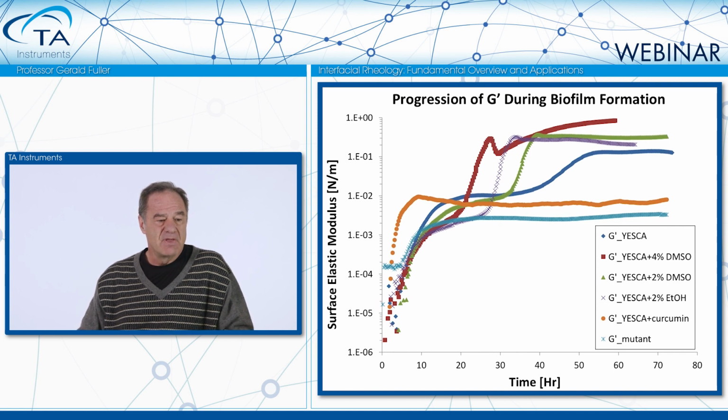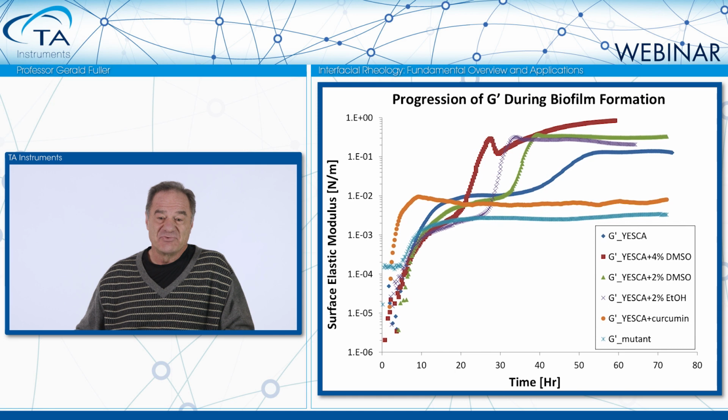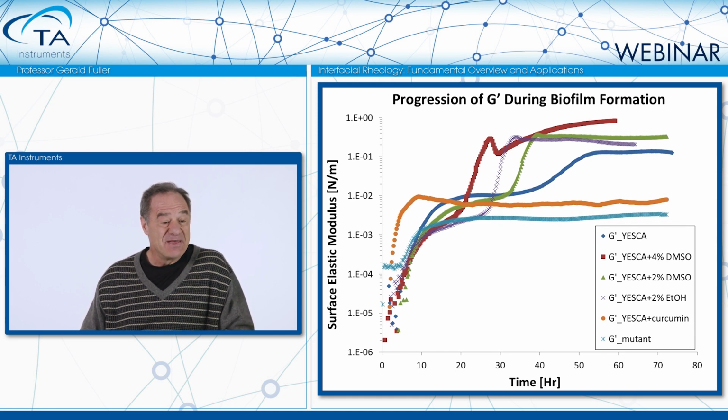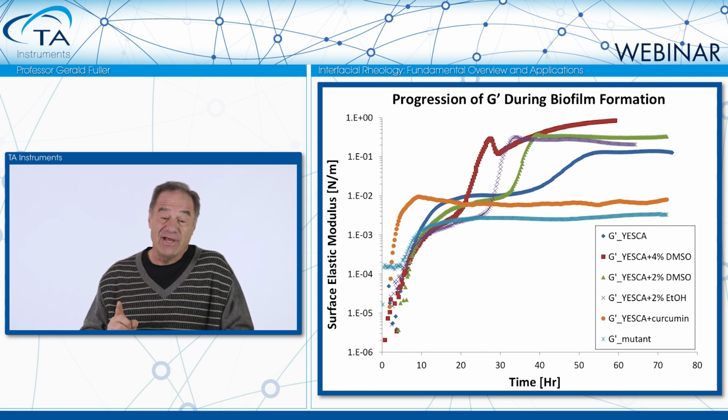Those are the light brown colored circles. Complete lack of biofilm formation. So that's interesting. So evidently, the parents of Indian children know what they're talking about. Eat your curry, but not so much alcohol.